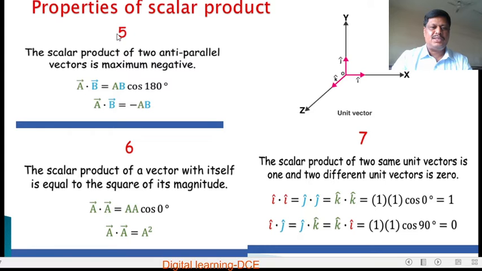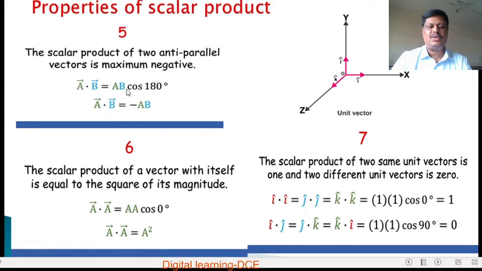The fifth property is that the scalar product of two anti-parallel vectors is maximum negative. So dear students, you already know that anti-parallel vectors means two parallel vectors acting in the opposite direction. So the angle between the opposite vectors is 180 degrees.